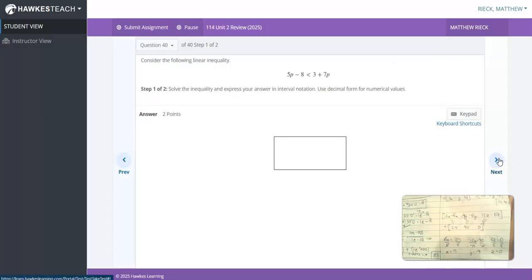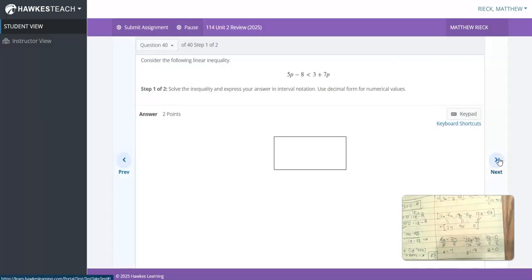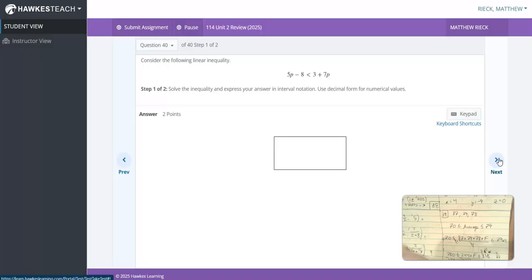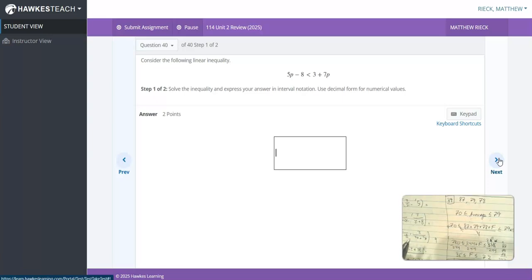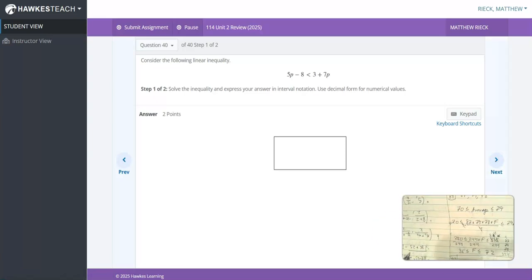All right, last one here. So we have 5p minus 8 is less than 3 plus 7p.